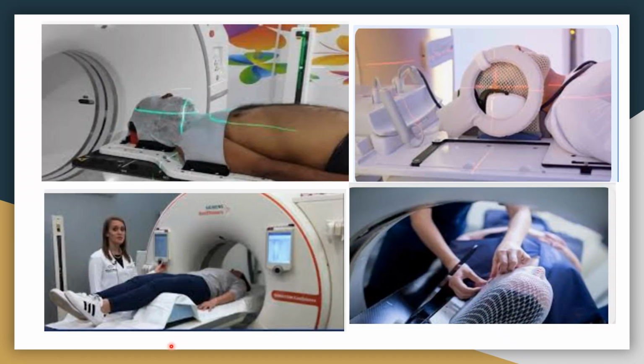So this is the diagrammatic presentation of the simulation, where you prepare the patient for the radiation treatment that the patient will be taking. Sometimes we have to do marking on the patient's body. We have to give a particular face shielding material, or sometimes we have to give a pillow to the patient to raise a particular body part.